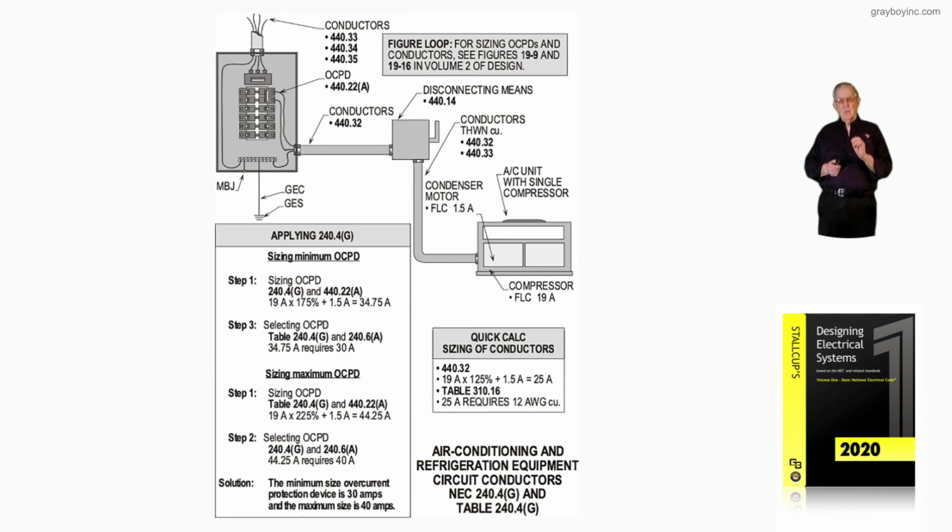But if it's a conductor, we would go to Table 220.3 or Table 210.3, which would refer you again over to Article 440, which would be 440.32 to size the conductors. So notice the conductors are going to be sized at 125% of the compressor plus the condenser motor at 100%. The overcurrent device, though, could be sized at 175 or 225.